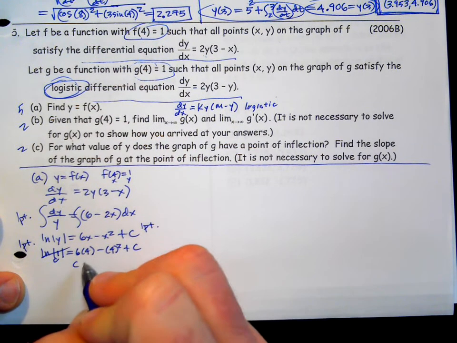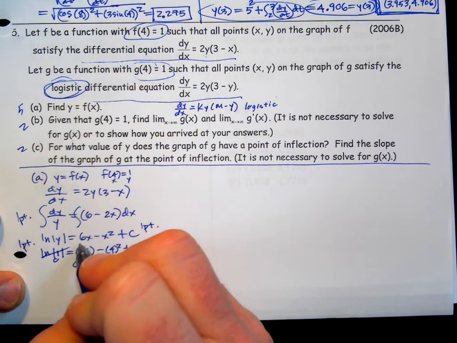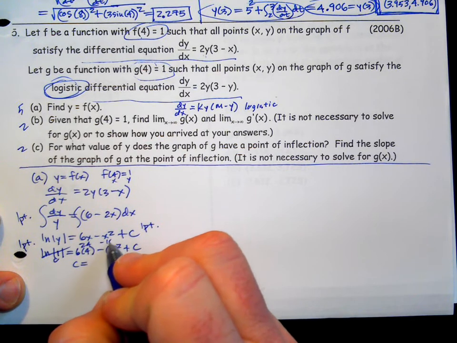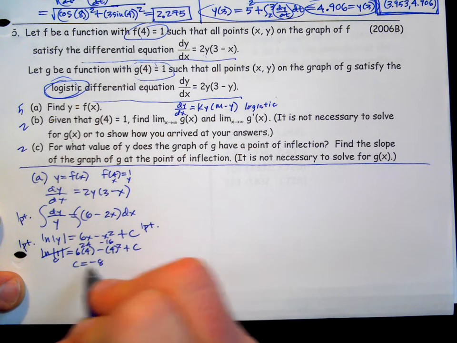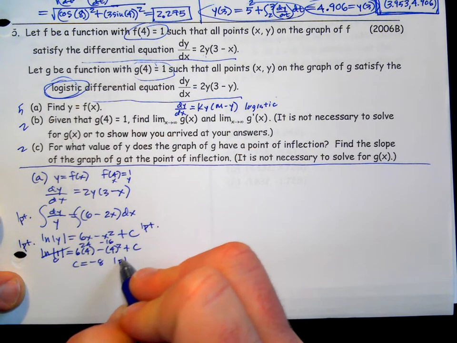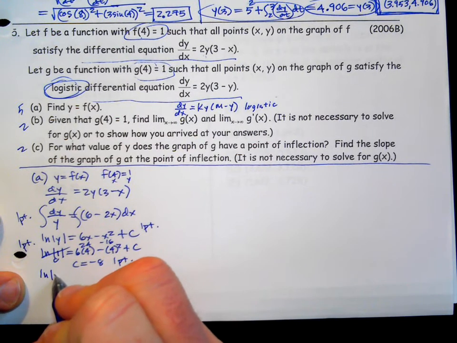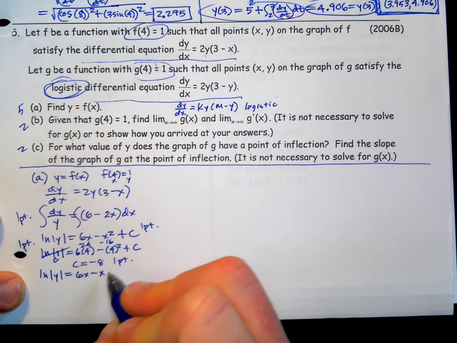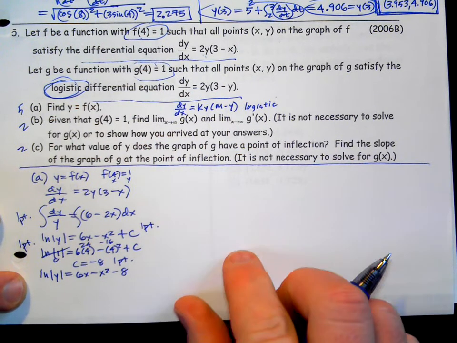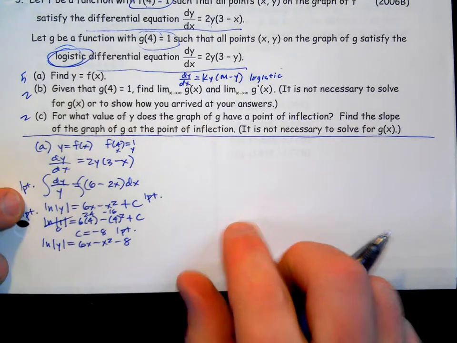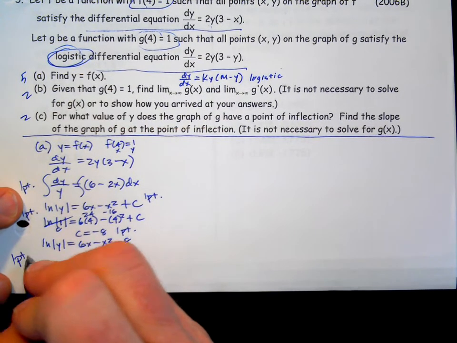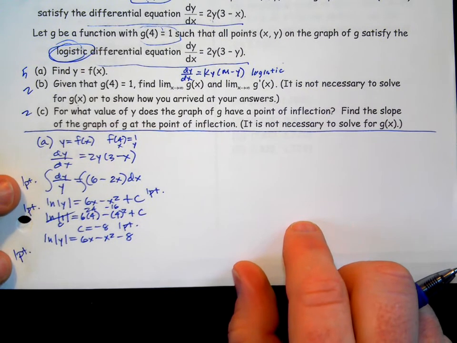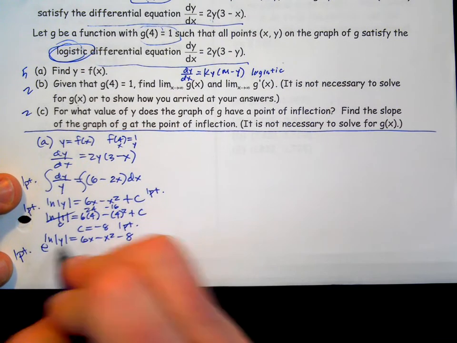So c equals, this is 24 minus 16 is 8, is negative 8. That's another point. You're going to plug it back into your equation, 6x minus x squared minus 8. And then you're going to solve for y. This last point is the most amount of work point, but also the least calculus. Exponentiate both sides.